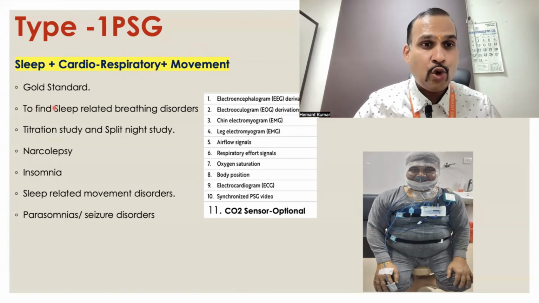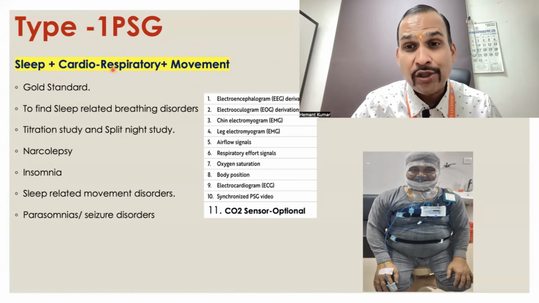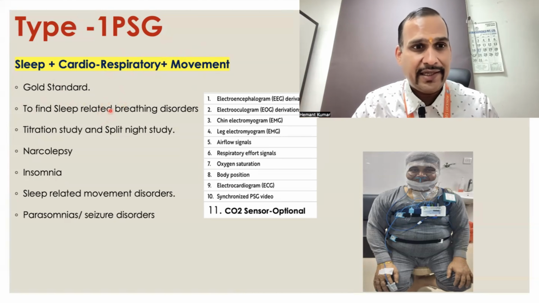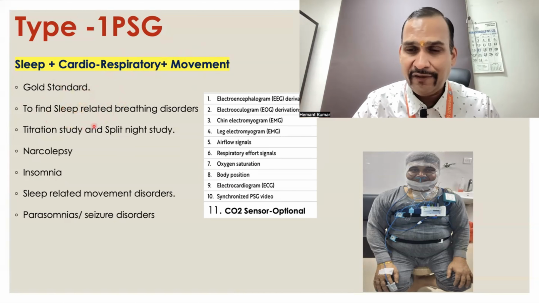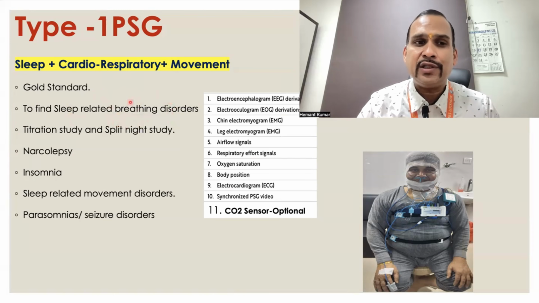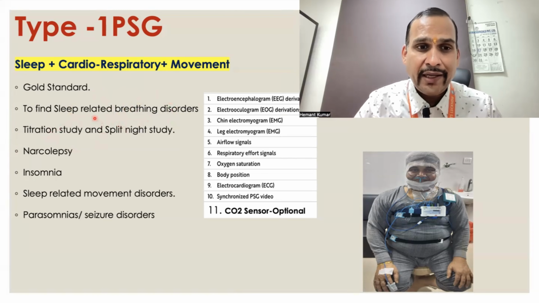This is the gold standard because it uses all the channels which I have described in previous slides. So it can find out any sleep related breathing disorder. It is used for titration study, night study, and parasomnias, like narcolepsy, insomnia; parasomnia is a disorder.